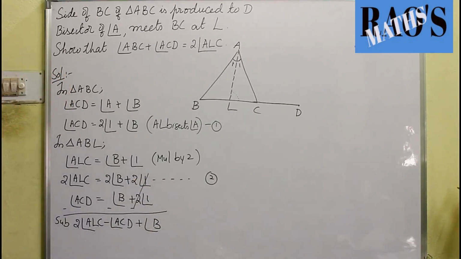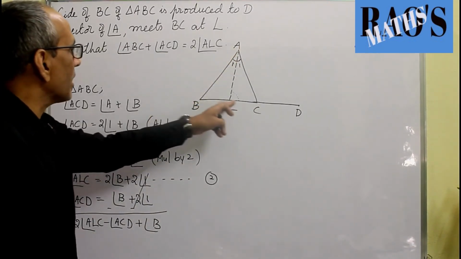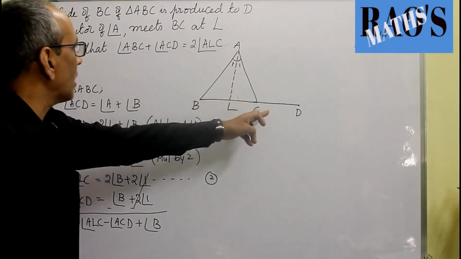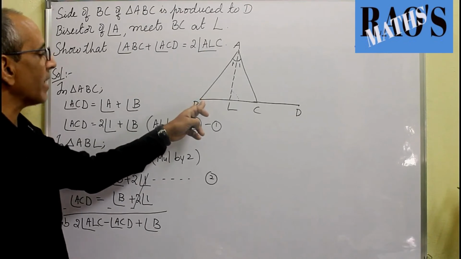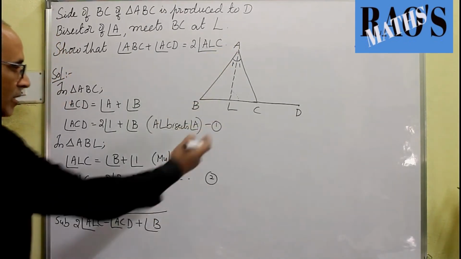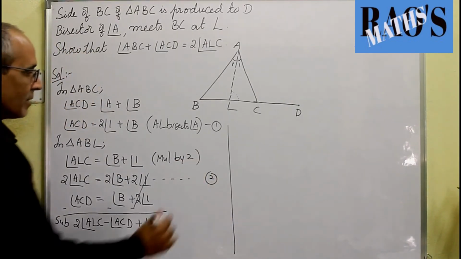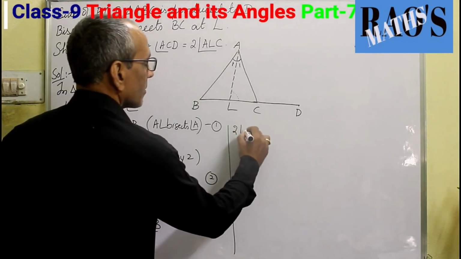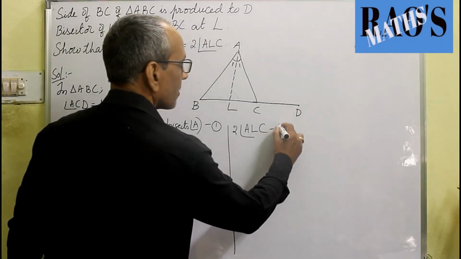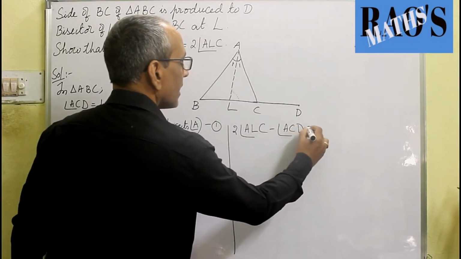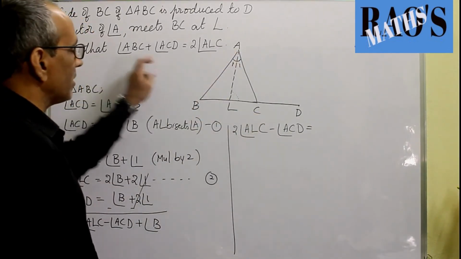Angle B. What is angle B in the question? Angle ABC, always. I write angle ABC because here we have ABC. So 2 times of ALC minus ACD is equal to angle B. Angle B is nothing but angle ABC.